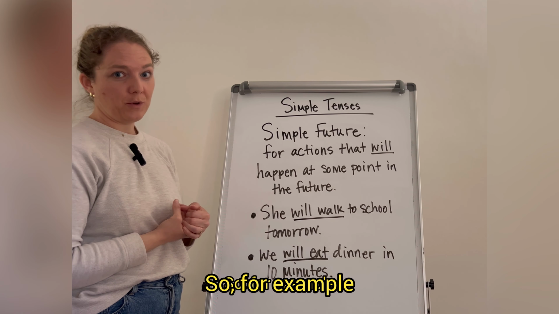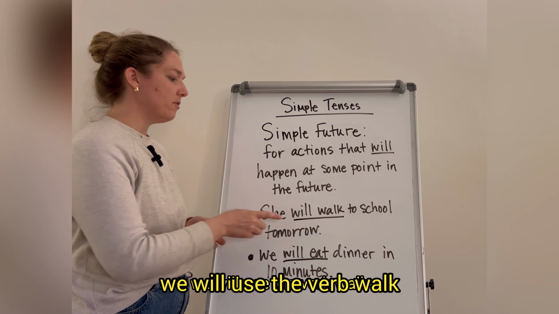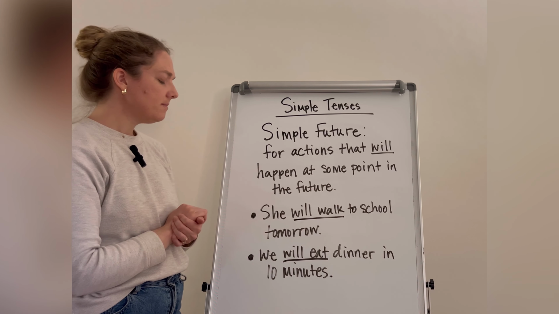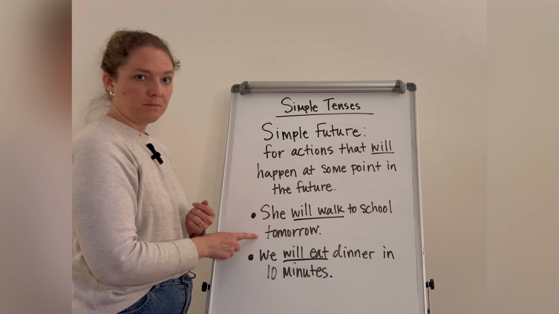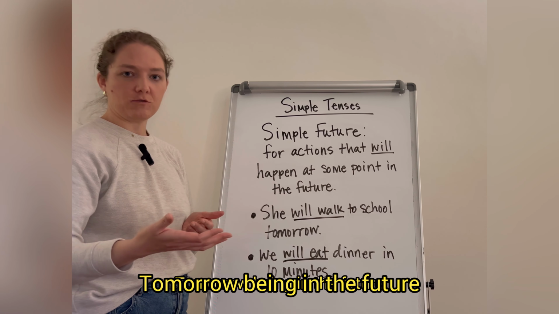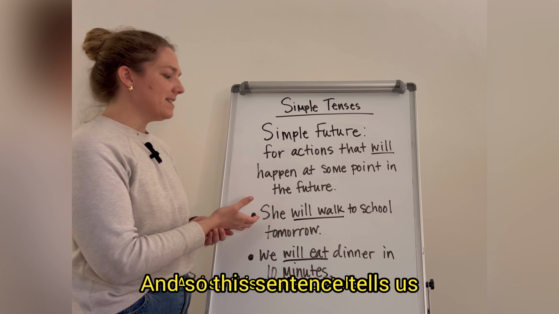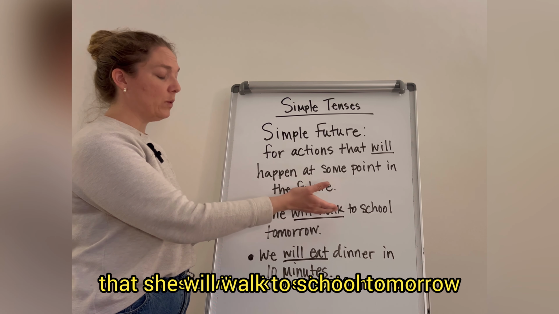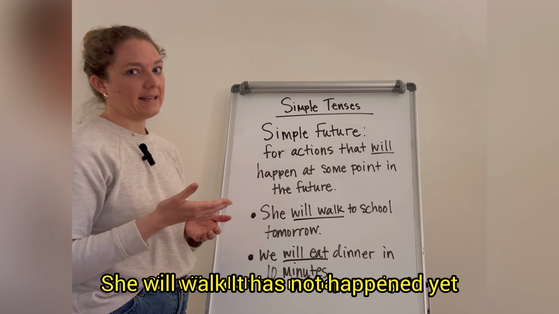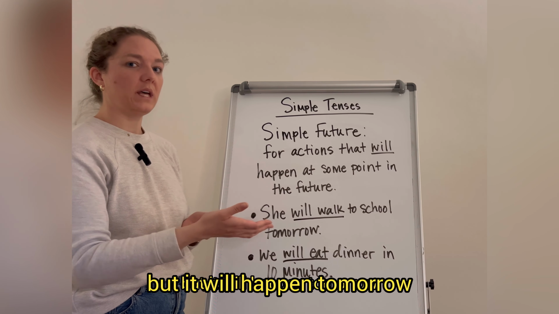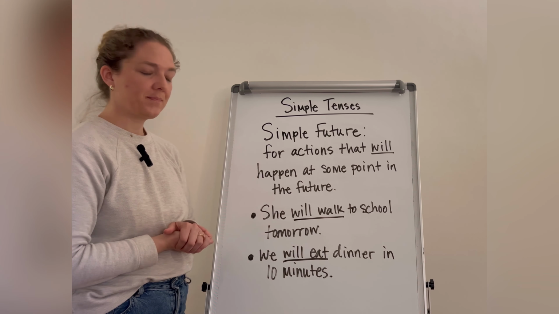For example, we will use the verb walk. She will walk to school tomorrow. Tomorrow is in the future. This sentence tells us that she will walk to school tomorrow. It has not happened yet, but it will happen tomorrow.